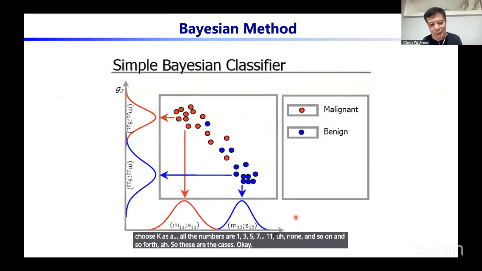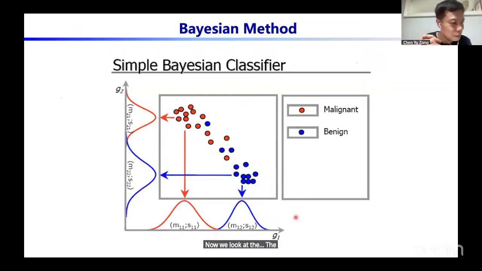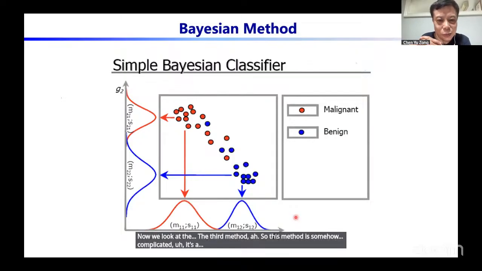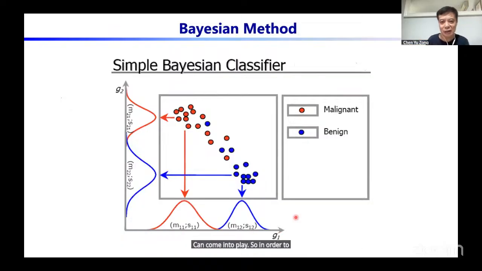Okay. Now we look at the third method. This method is somewhat complicated. It's a good illustration of how statistical thinking can come into play. In order to explain the statistical thinking, we visually look at this example.